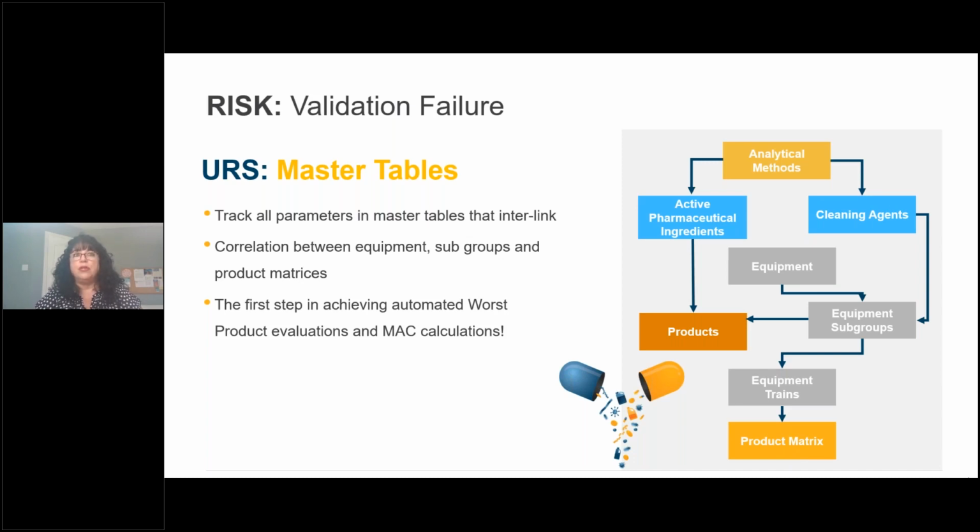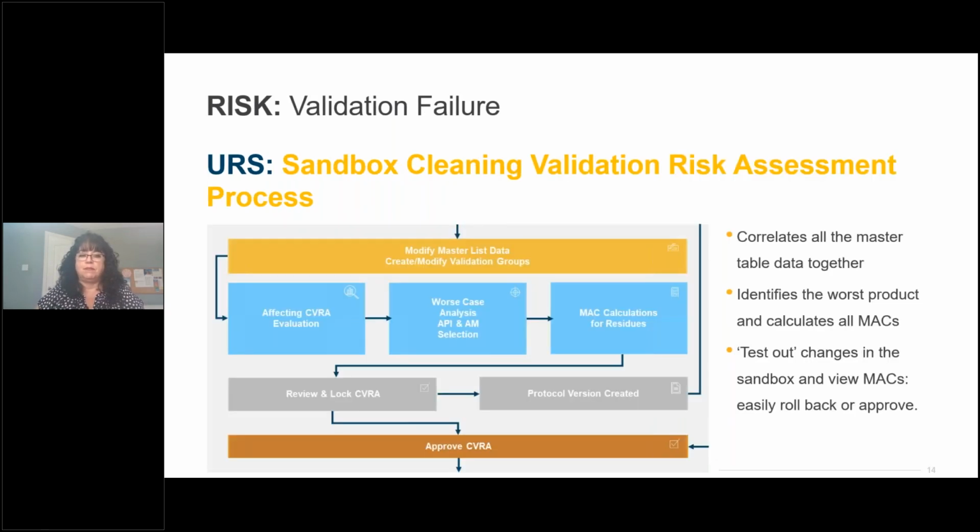All the information input for these parameters in these master tables is unique to each manufacturing facility and captures the foundation of their cleaning validation process. NovaCM centralizes the cleaning validation parameters and facilitates the representation of their interdependency.